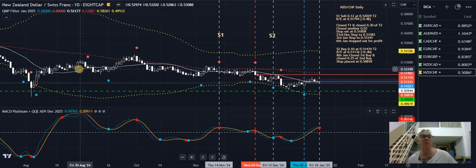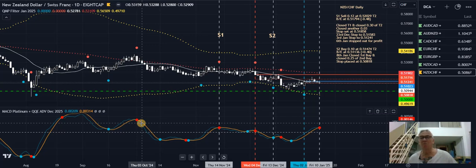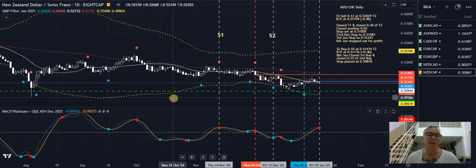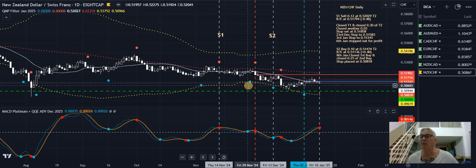And the 20 moving average if you want it. So there's 4 moving averages, QMP filter and Bollinger Bands. And the bottom one here has got the MACD Platinum and the QQE Advanced built into one. So anyone on the free version of TradingView, there's your 2 indicators. The only thing is you can't put 2 sets of Bollinger Bands on. That's the only difference. But that's no big deal. You don't really need all that.